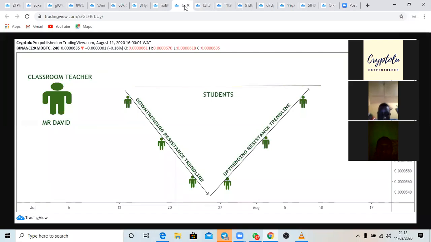Now, for this one, let's assume the teacher drew a line at their back for these first three students here, where there's no line. What will you call this one?